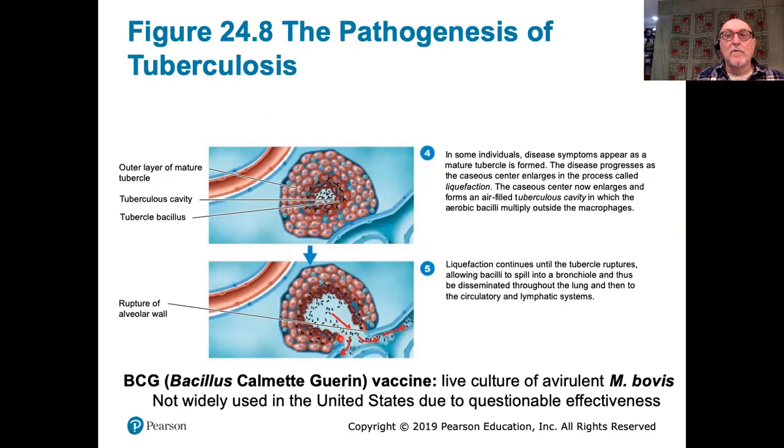It may also put bacteria into the lymphatic system and into the general circulatory system. And you can get foci of tuberculosis occurring all over the body, in the bones, in the organs, in which case it is called miliary, M-I-L-I-A-R-Y, miliary tuberculosis.